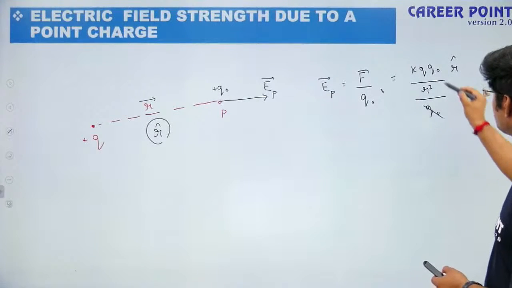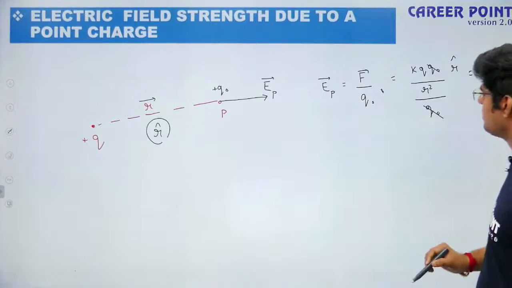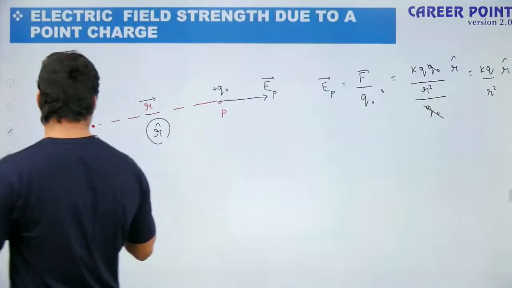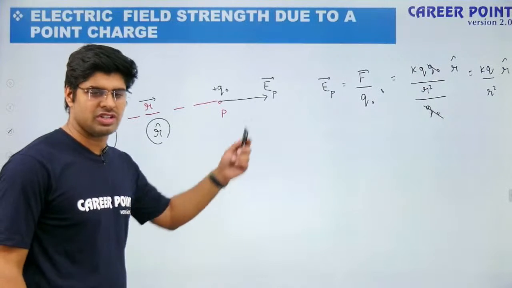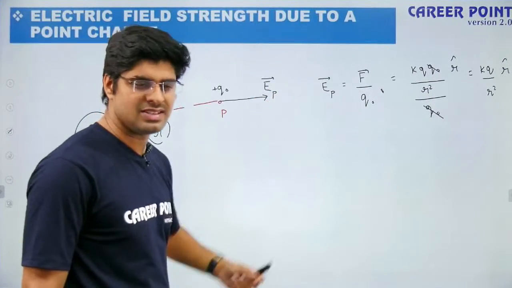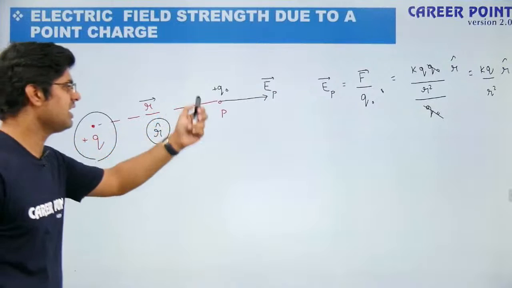So Q naught and Q naught will cancel each other and we will get KQ by R square R cap. This will be the electric field at point P due to this positive point charge. According to the definition which we knew since the last class, the same we are using to write the electric field due to this point charge at point P.